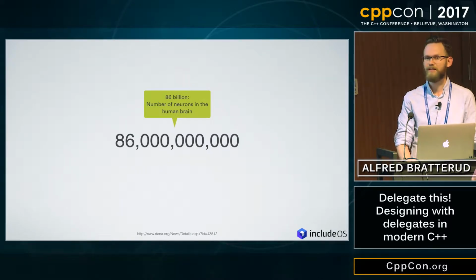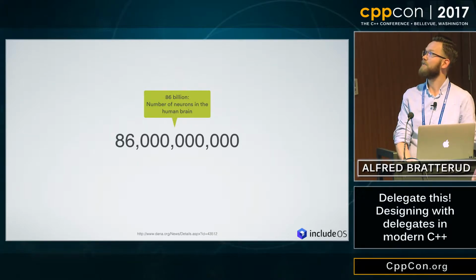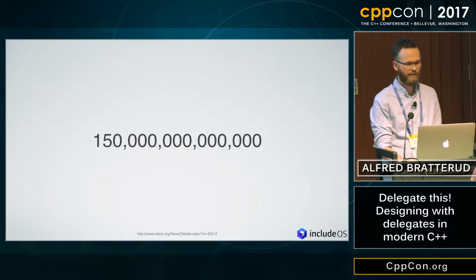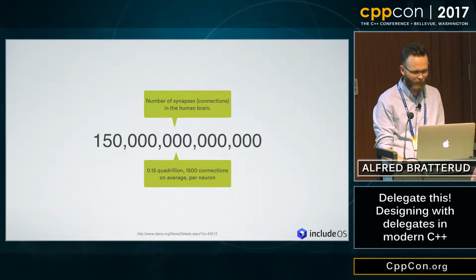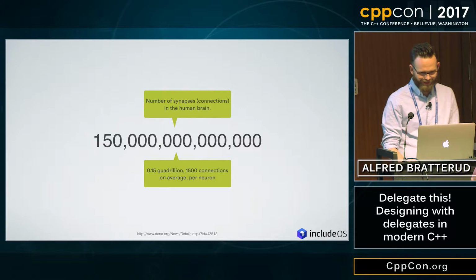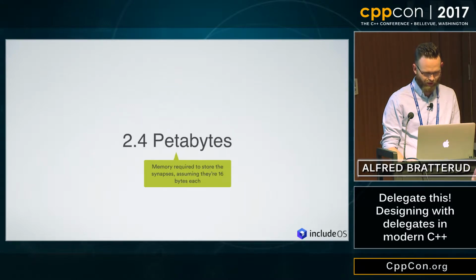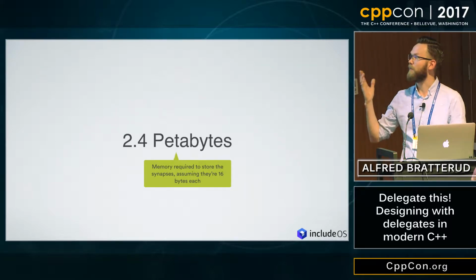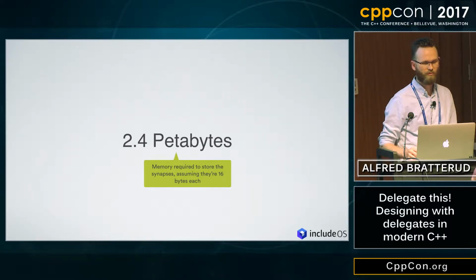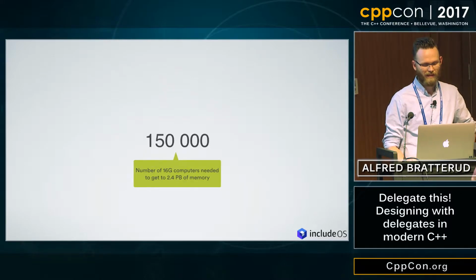I was actually considering doing that for this talk, but it turns out you need 86 billion neurons to simulate a human brain, and you need, I don't even know how to pronounce that number, 0.15 quadrillion connections, and that averages to 1,500 connections per neuron. That means if each of these neurons needed 16 bytes, you would need approximately 2.4 petabytes to store all of them.